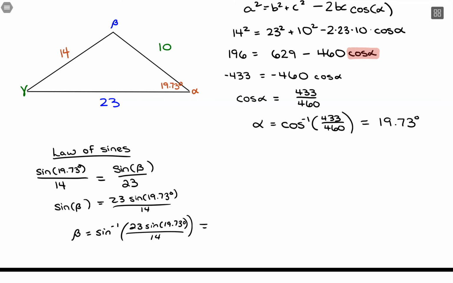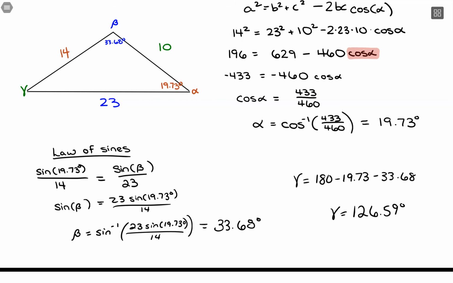And that's going to be 33.68 degrees. And then we can use our 180 rule to get gamma, taking 180 minus 19.73 minus 33.68. So gamma is 126.59 degrees, and I drew that triangle terribly, but we're just going to go with it.